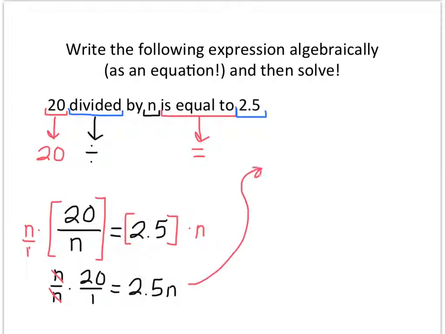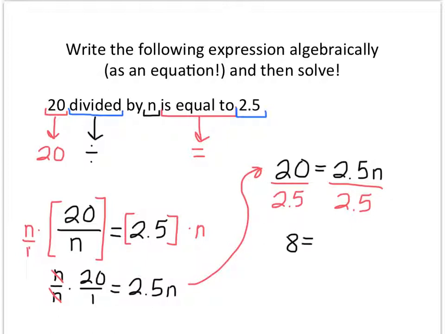So if we finish the problem over here, I'm actually just left with 20 over 1, or 20, is equal to 2.5n. And now I can just divide both sides, the inverse of the multiplication, 2.5 by 2.5 on both sides. And now we can reach for our calculator, but we should be able to find that that divides to 8 equals n.